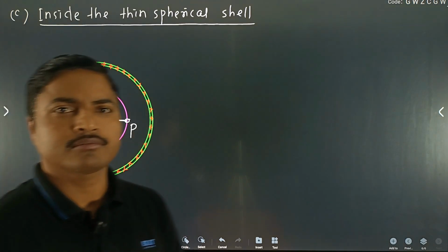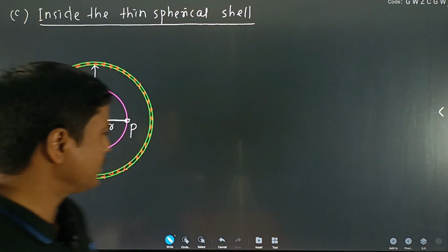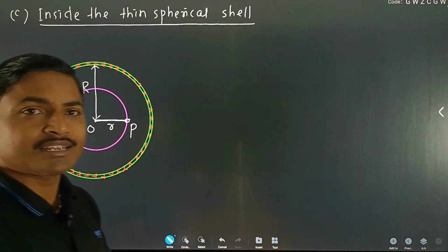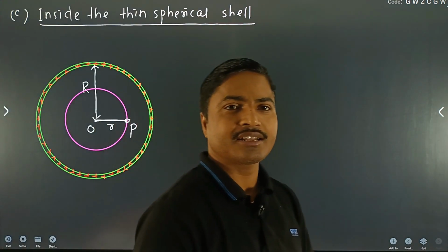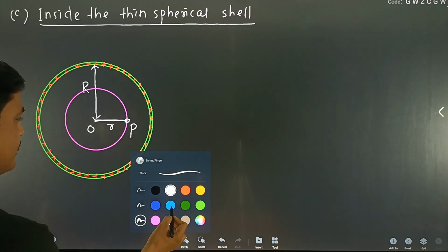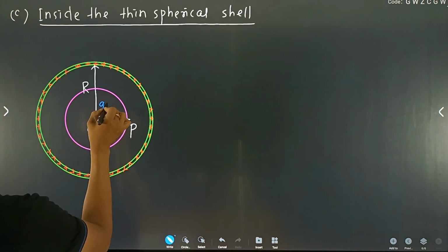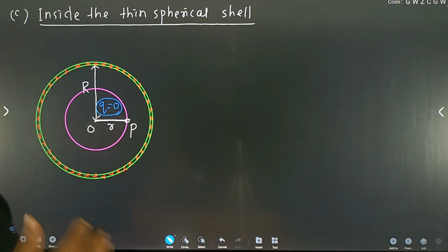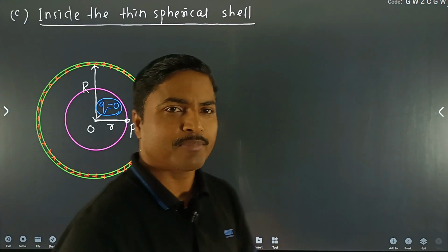And look at the figure. Here, inside the Gaussian surface, total charge is 0. No charged particles are there. So inside the Gaussian surface, we write here simply Q is equal to 0, net charge is 0 inside the Gaussian surface, and we apply Gauss law.